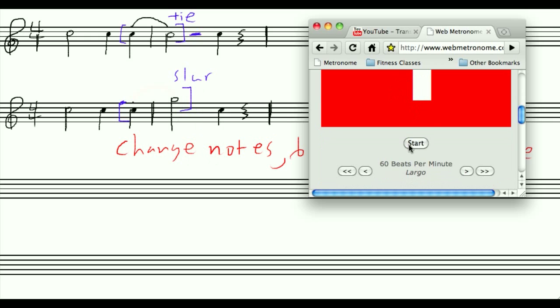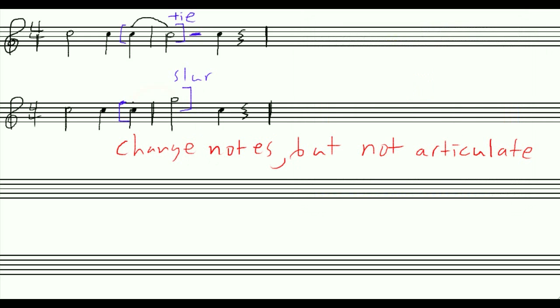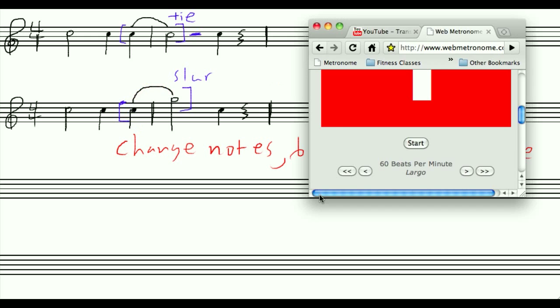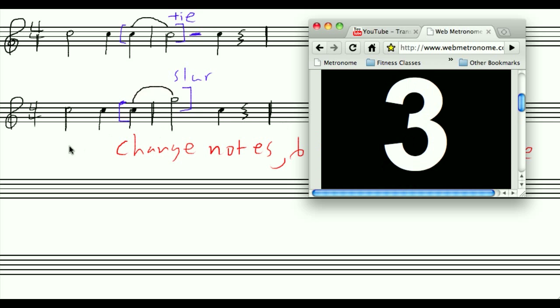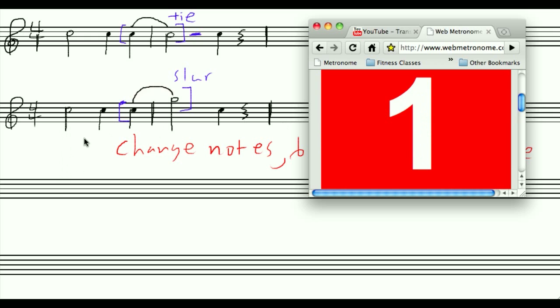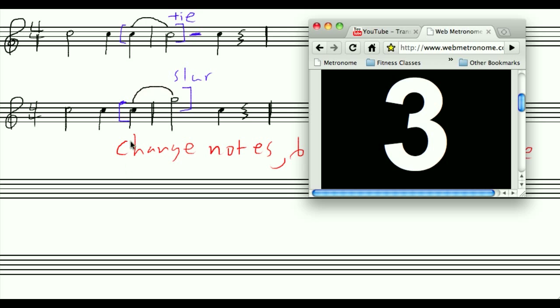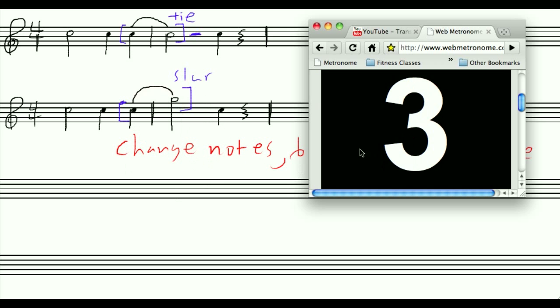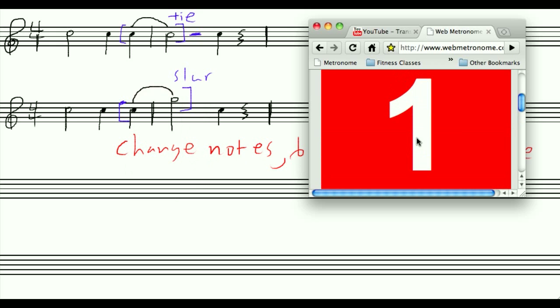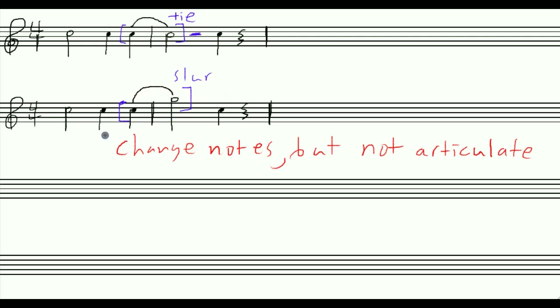Okay, and now let me put the slur back in. So that was without the slur, and now we'll put the slur back in. 2, ready, go. Ba, ba, ba, ba. Okay?